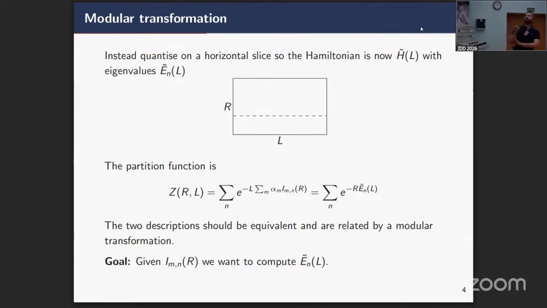Physically, understanding the modular transformation can be used to calculate things like the density of states of the original generalized Gibbs ensemble, which relates through holography to black hole entropies. In the thermodynamic limit, I want to have this density of states as well. So there's both mathematical and physical interest in determining these E tildes.